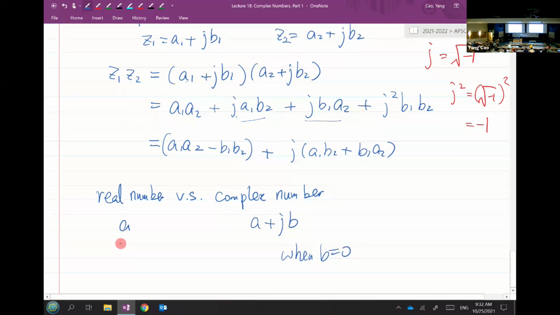So a complex number is more of a general sense of a number, and a real number is a special case of a complex number. A complex number includes the possibility of a real number: as long as the imaginary part is 0, you get a real number. That's the nature of the difference here. So when b equals 0, the complex turns into a real.